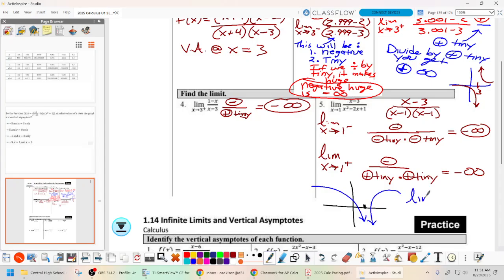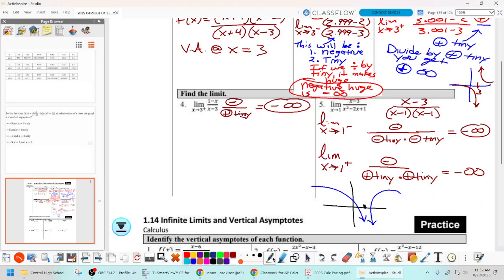Here's what he's asking. Limit as x approaches 1. Is it okay to say that since it's the same? We would say it grows without bound in the negative direction. It's not technically a limit. It's not a limiting value because infinity is not a limit, right? So it goes without bound in the negative direction. Do we say from both sides? No, you don't have to.